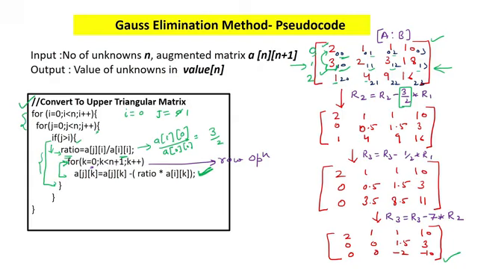That is, for n equal to 3, 3 plus 1 will be 4. So this will run for 0, 1, 2, 3. That means a total of 4 times. And how many elements are there in each row? In each row, there are actually 4 elements. So on all the 4 elements, we are applying this operation. So you can say that this is actually j and this is actually i. i is referring to 0 and j is referring to 1. Now here we want to apply the operation on 1 0, 1 1, 1 2, 1 3.